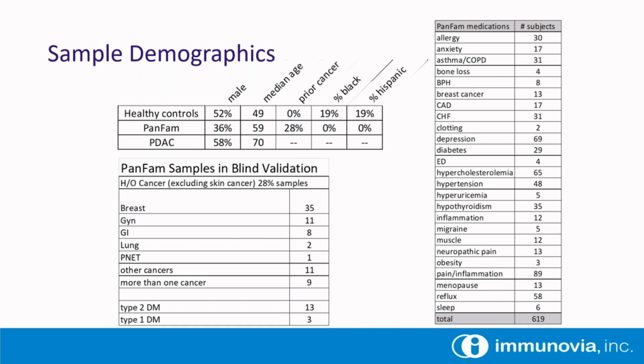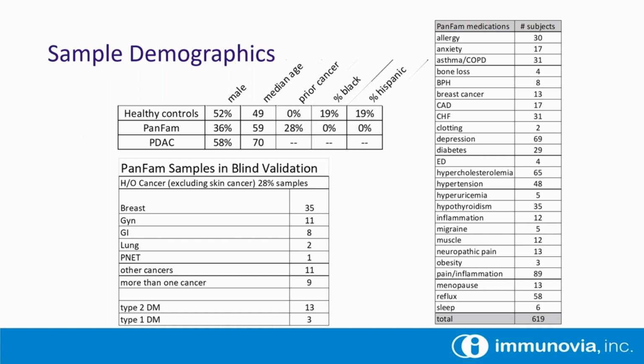About 28% of the PanFam subjects had prior cancers which were not active at the time of sample collection. This is probably not unexpected given the germline mutations that predispose to other cancers aside from pancreatic cancer. Our healthy controls were about 20 years younger than our PDAC samples. They were equally split between males and females, but they had a fairly wide ethnic diversity in the group, at least from the US contingent of the healthy controls.